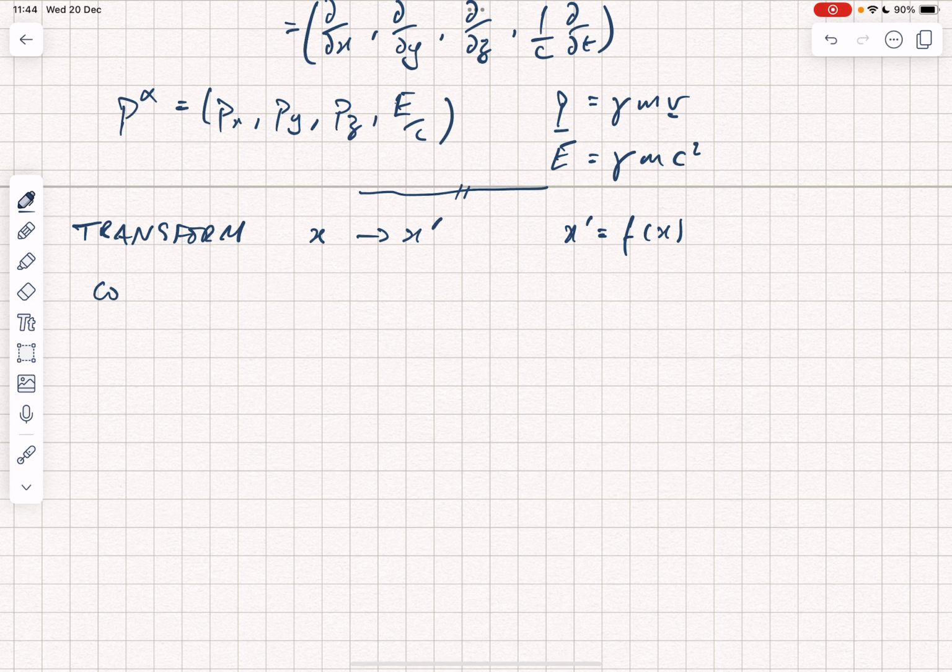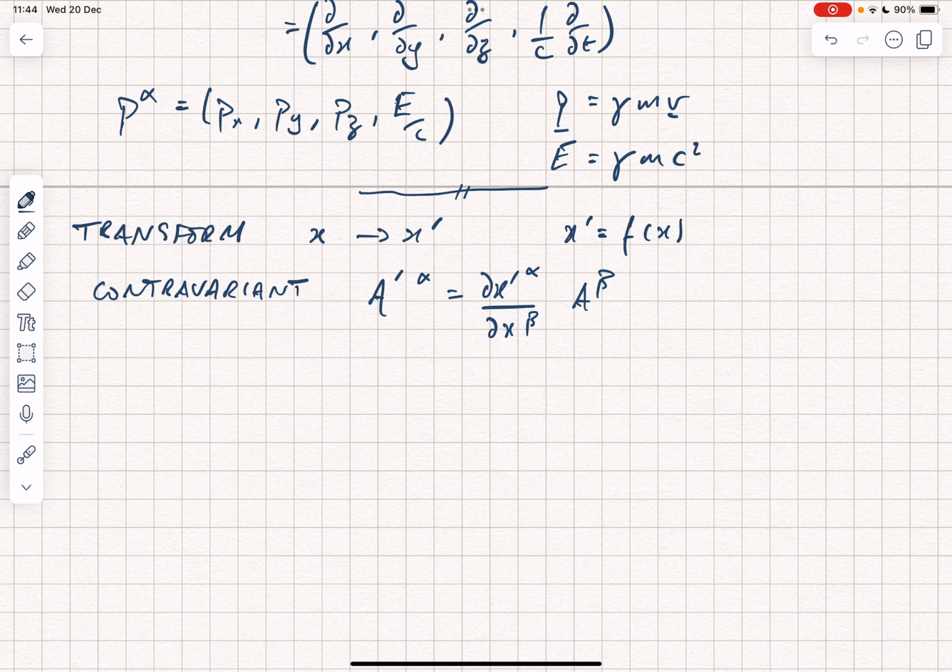Then we would say that a contravariant variable, or a contravariant tensor, four vector rather, sorry, is one which transforms as follows. So we're going to label it as A, and so we're going to say that A prime, its alpha component, is going to be defined by dx prime alpha by dx beta acting on A beta.